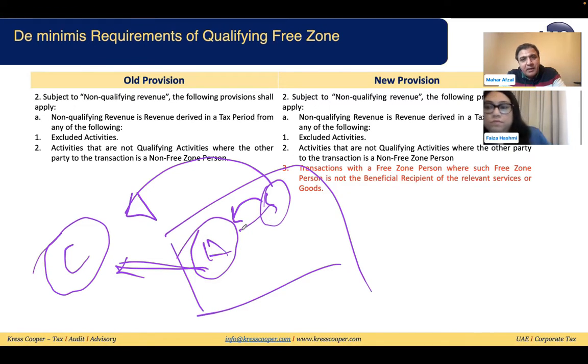So principally, this is not a delivery by the qualifying free zone person within the free zone. The goods or services are not being consumed, and the recipient of the goods and services is not within the UAE, so it needs to be considered non-qualifying income. There is no change, by the way. Whatever definition was given in the previous decision, the same definition is being highlighted in the revised decision. As such, there is no change in the understanding.